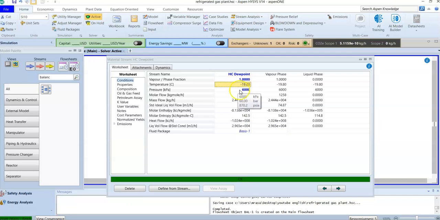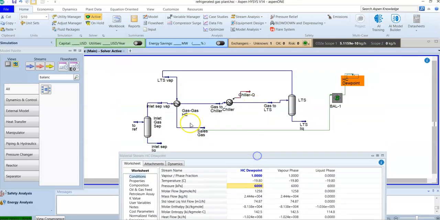So here what we have done, I want my sales gas, which I am going to sell, will be at a pressure 6000, and it must be vapor. So it has done the balance and found out the temperature will be negative 19.8. If I am asking you about the dew point, here we are 100% vapor.